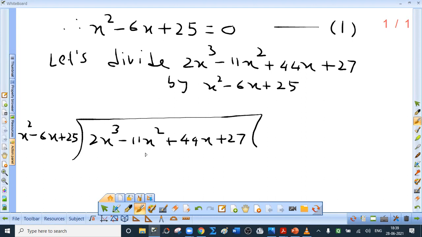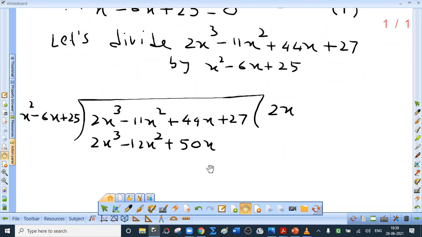Working rule is simple. Divide 2x cube by x square. So 2x. So in the quotient, I will be writing 2x. Multiply all the three terms by 2x. So it is 2x cube minus 12x square plus 50x. Then you have to subtract.